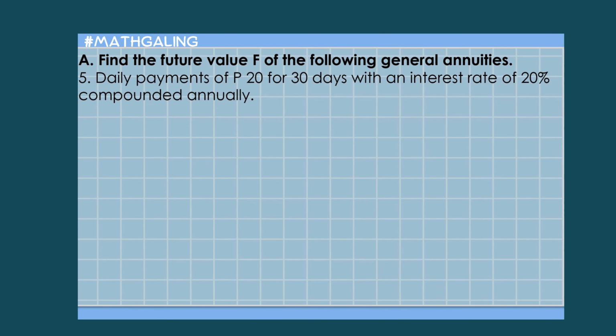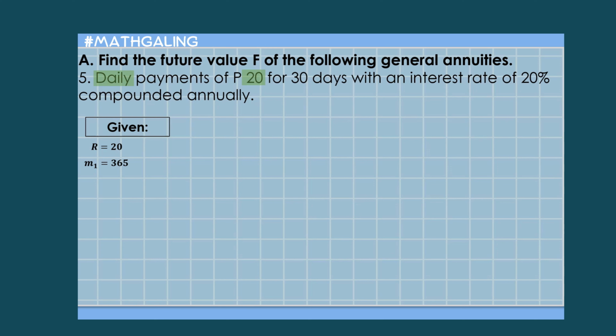Last problem. Daily payments of 20 pesos for 30 days with an interest rate of 20% compounded annually. So now let's search for our given. Our R or the regular payment is 20. And our M sub 1 or the payment interval is 365, because 365 is a year, so daily.